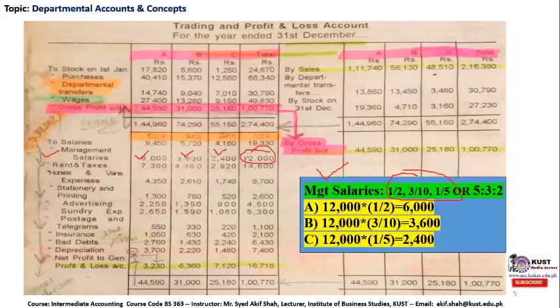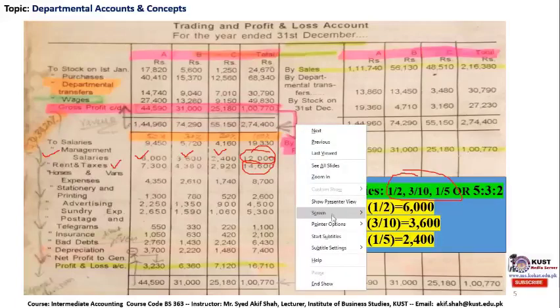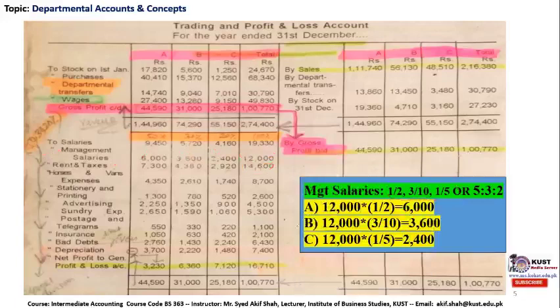So this is the mechanism and way we are going to divide each expense in the question. The same is done for rent and rates. The total value given in the question was 14,600.